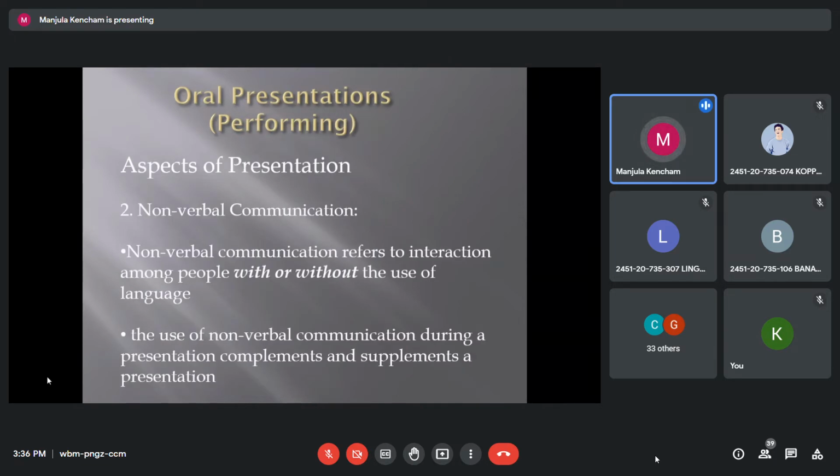Then the second part of the aspects of presentation is non-verbal communication. Non-verbal communication refers to interaction among people with or without the use of words. So, if I don't use words, how do I communicate? Well, you can communicate without the use of words excellently.